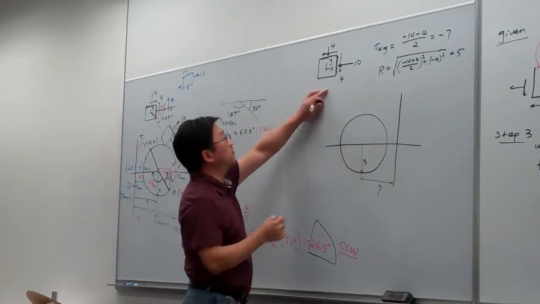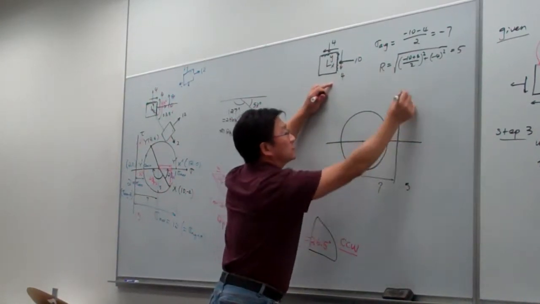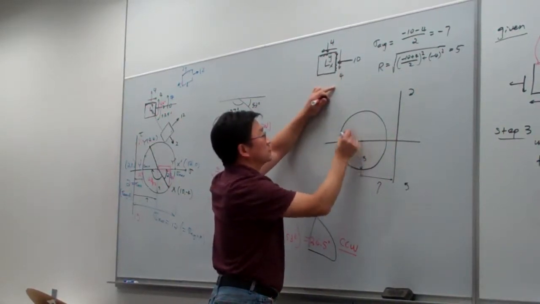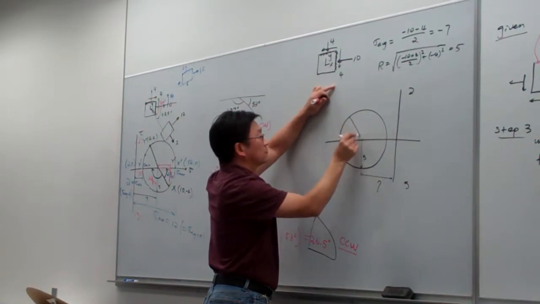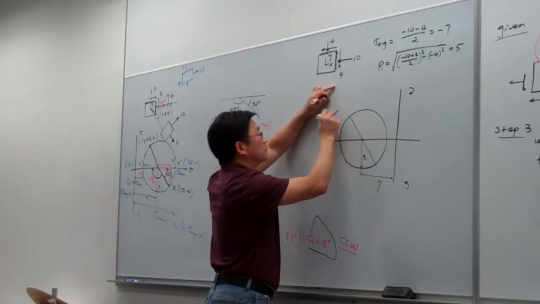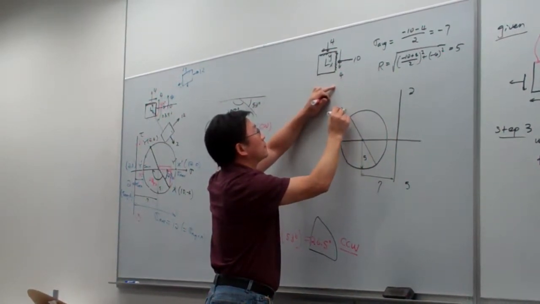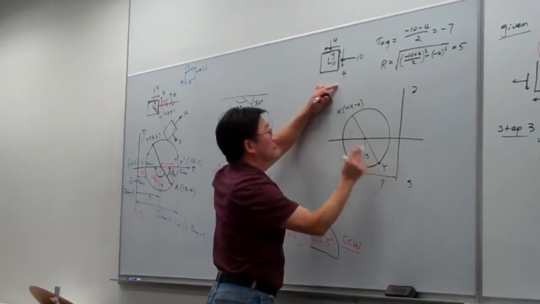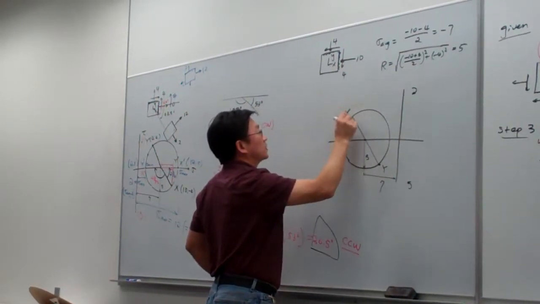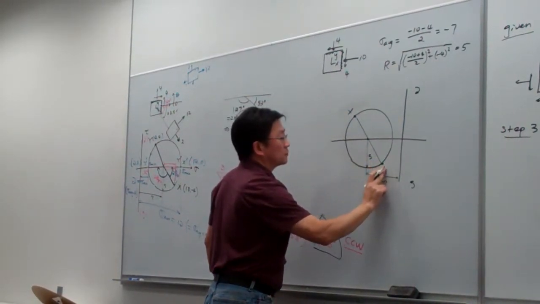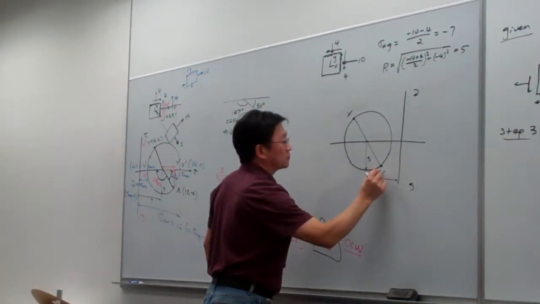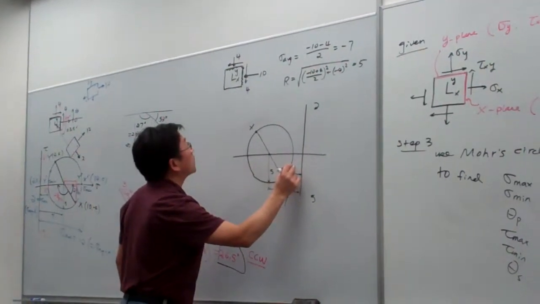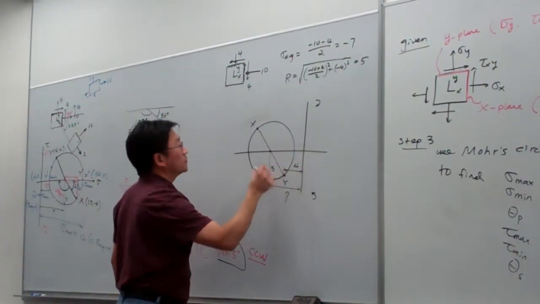So x is, this is here, this is here. The x is going that direction. Okay, let me take away the coordinate. So here is 4.